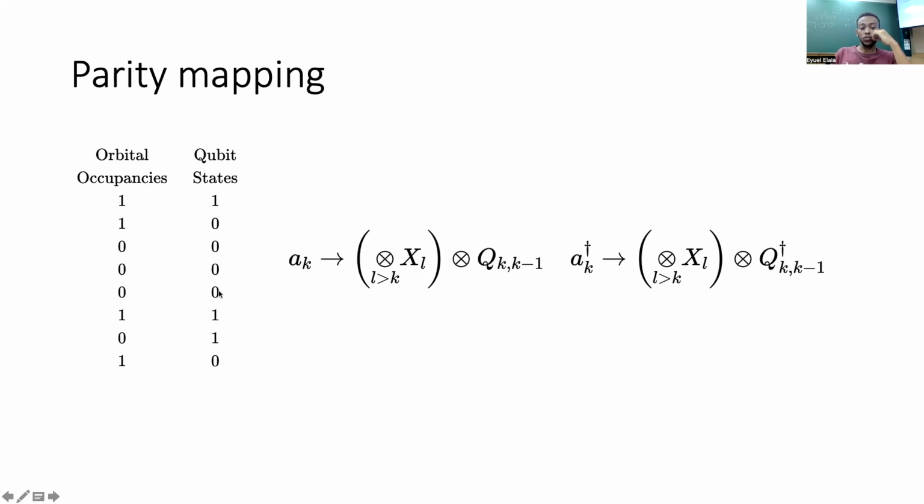If I want to create a particle here, then I have to flip all the states above the given qubit, because I'm creating something, so the parity for all of them is going to be flipped, since the parity is the whole sum of ones modulo 2.